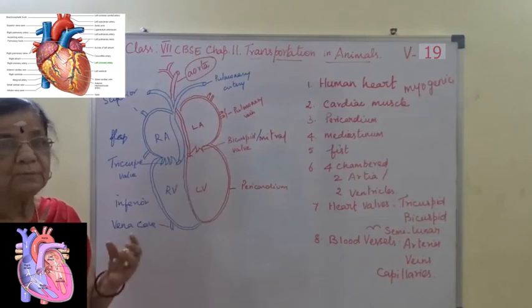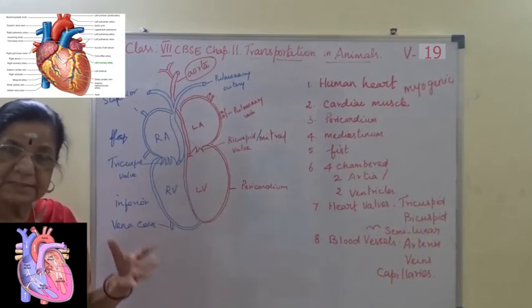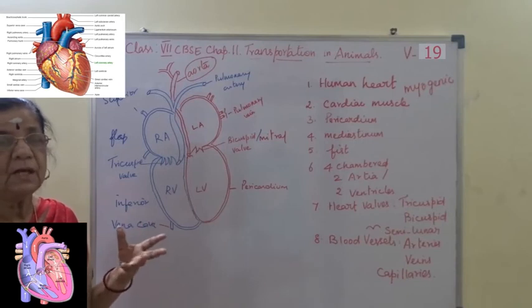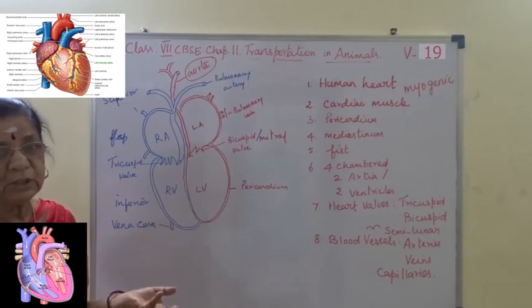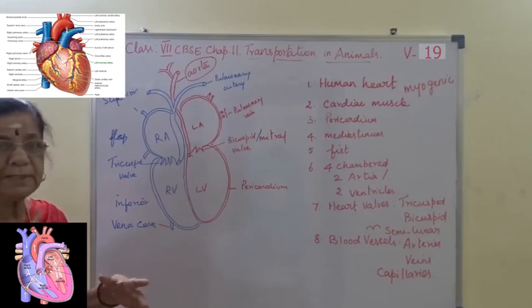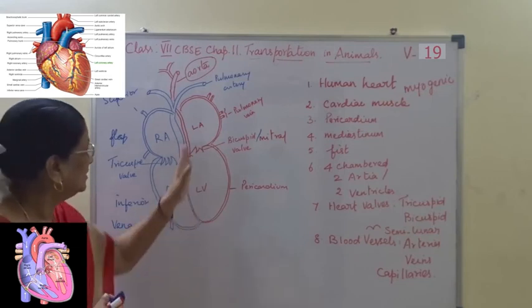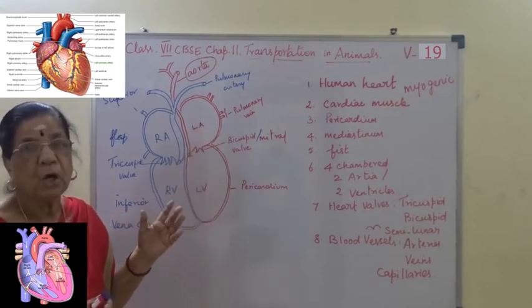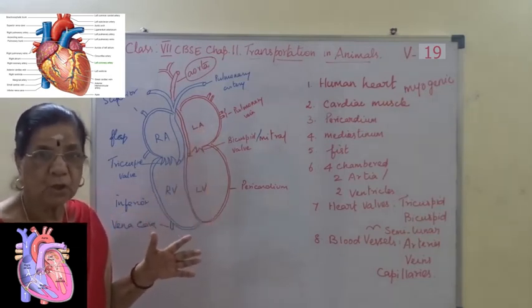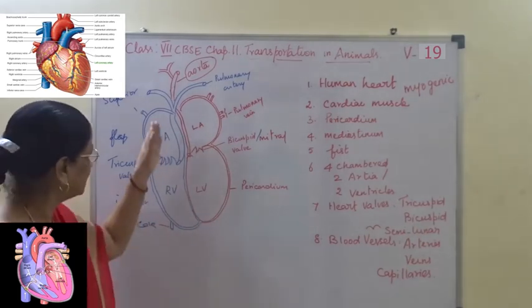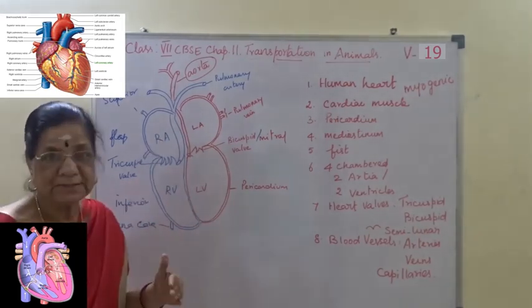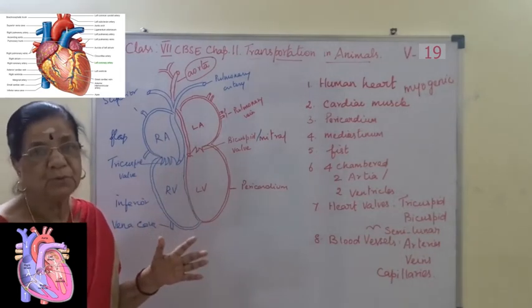Now the blood is circulating with the oxygenated or deoxygenated blood. Otherwise we say pure blood or impure blood. So now the red ones are oxygenated blood or pure blood, whereas blue ones are deoxygenated blood or impure blood.